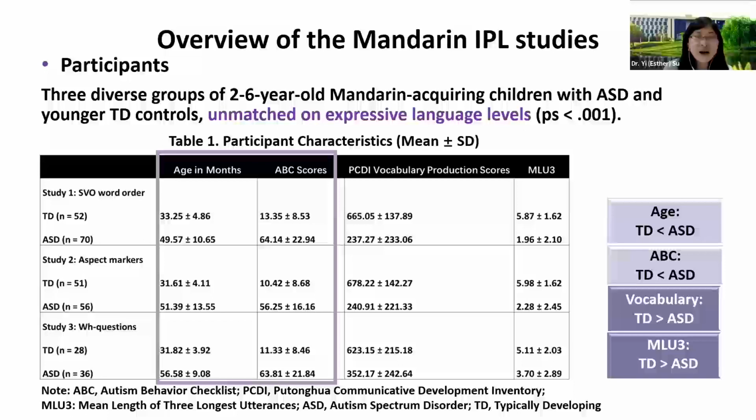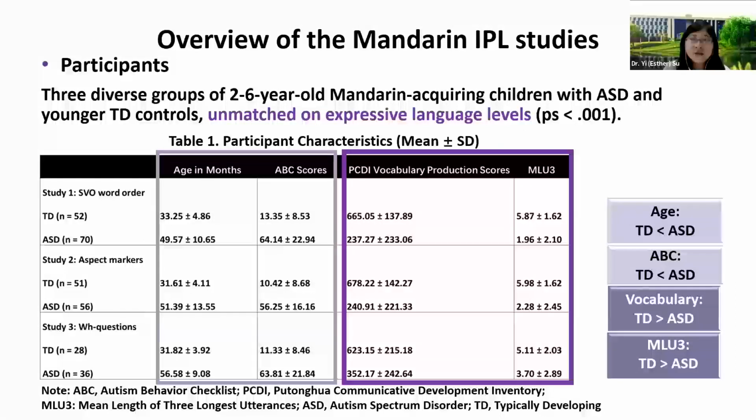For their Autism Behavior Checklist scores, children with SD have much higher ABC scores, so they have much more severe autistic symptoms. And then for vocabulary, our typically developing children have a significantly larger vocabulary size than children with SD. And also similarly, they have a much higher mean length of the 3 longest utterances score than children with SD.